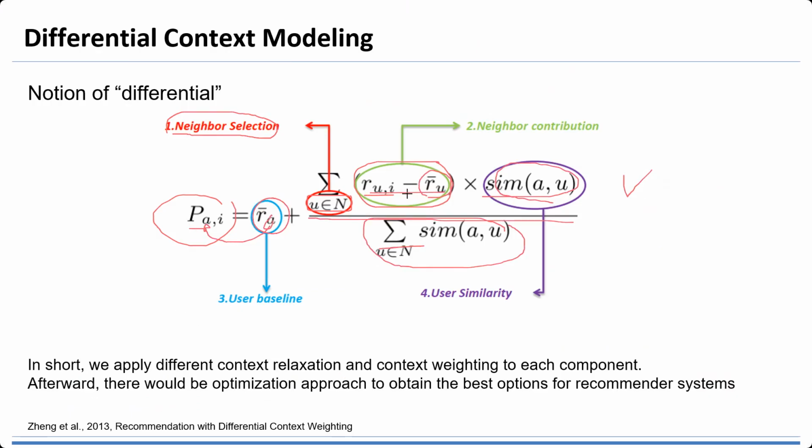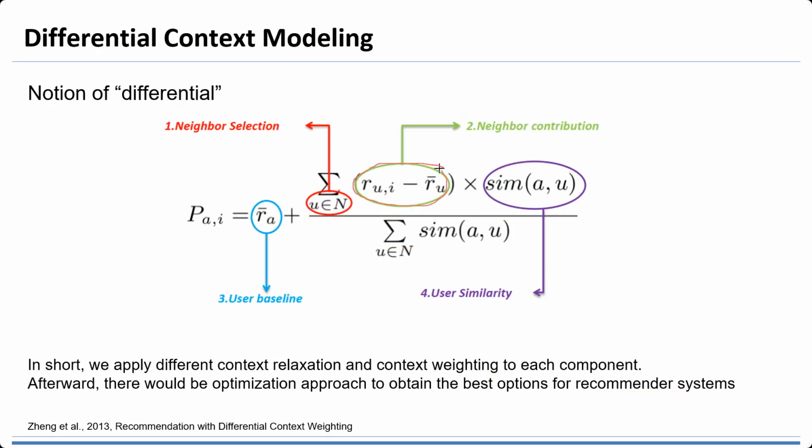So the idea is we apply this with the context. In short, we apply different context relaxation and context weighting to each component. Afterward, there will be an optimization approach to obtain the best option for the recommendation system. So this way is only to give the context.